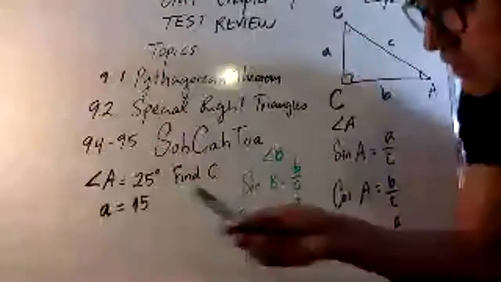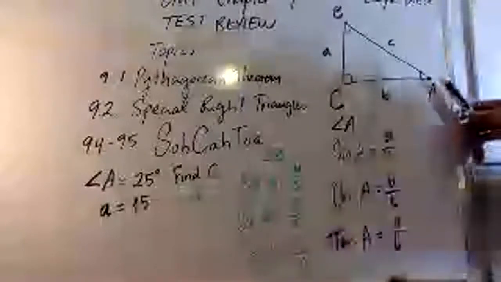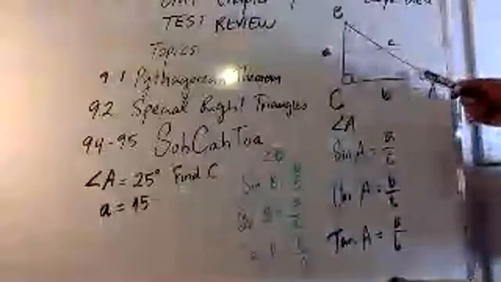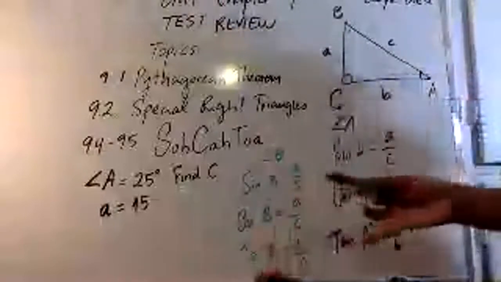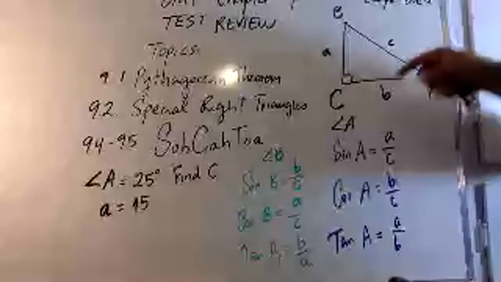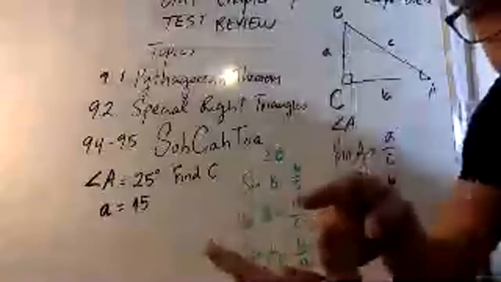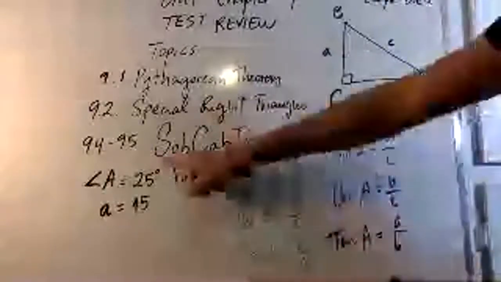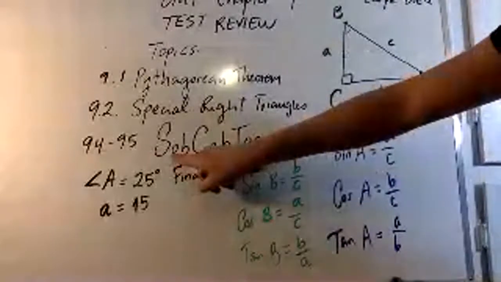But let's stand here on A. If I'm standing here on A, it means the information that I am given is the opposite to it, okay? Which means that, and if I need to find C, I think I have opposite, and then I need to find the hypotenuse, though, so sine is going to make sense because it is relating up.